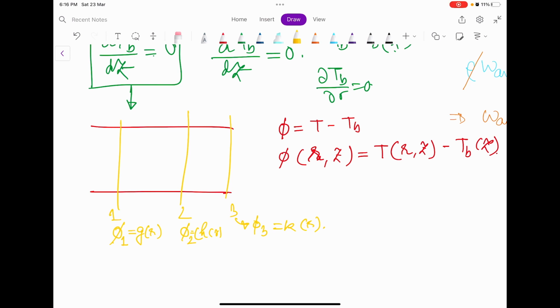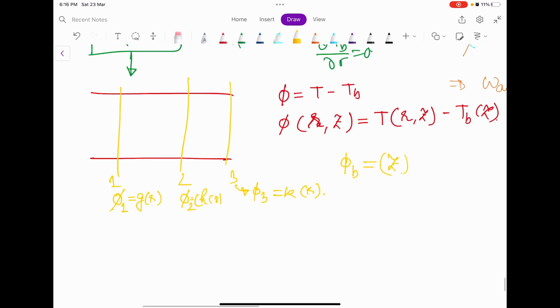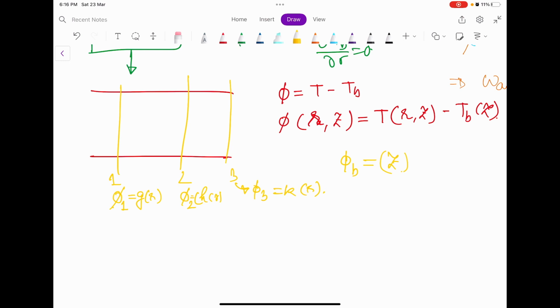But now I have told that this phi b is only a function of z. So if phi 1, phi 2 and phi 3 are different, now you see that I can have two options.